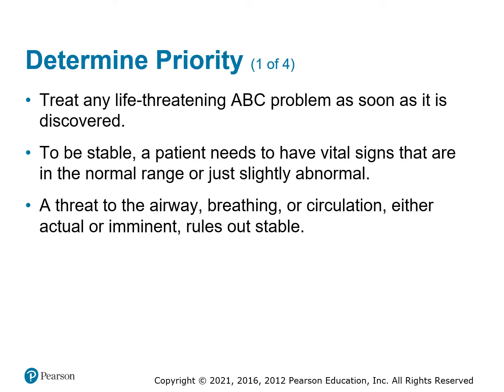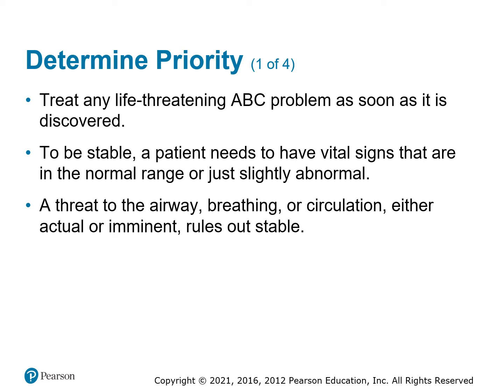The next segment here is going to talk about determining the priority of your patient. So now is when we're making some decisions as to, is this patient stable or not stable? If you find any life-threatening or ABC problem, as soon as it's discovered, you need to stop and take care of that problem. To be a stable patient, they need to have vital signs that are within the normal range, or maybe just slightly outside of the normal range.